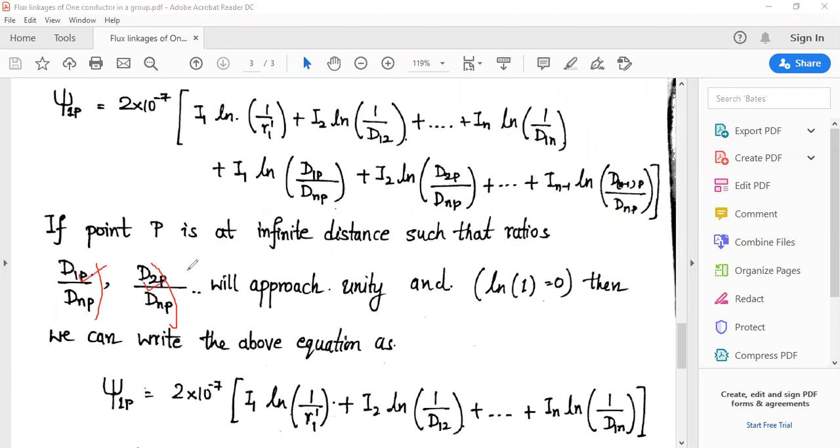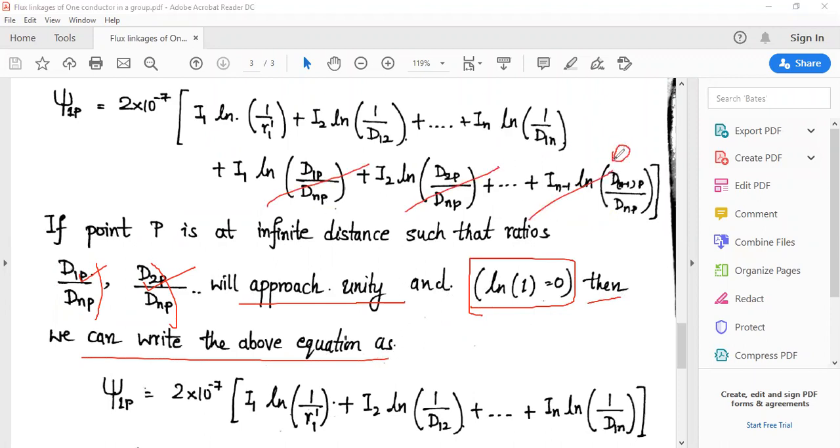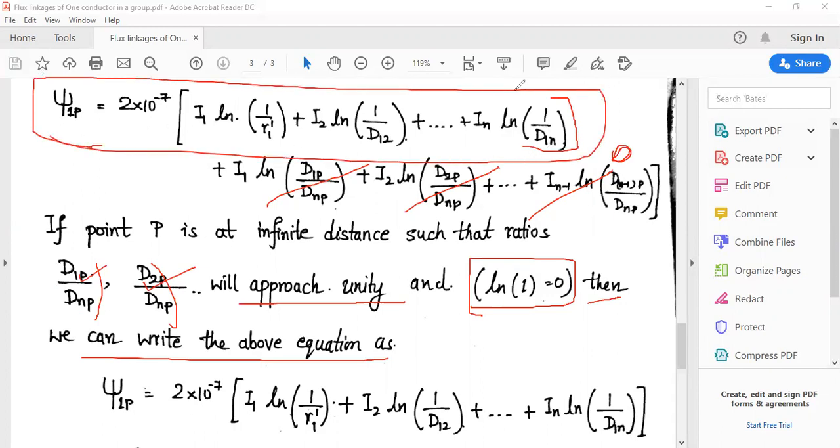The entire ratio will approach unity, so D3P by DNP and so on. From the logarithmic rules, ln of 1 is equal to 0. Then we can write the above equations by ignoring all these terms, setting them to 0, and restrict the above equation only to this point.